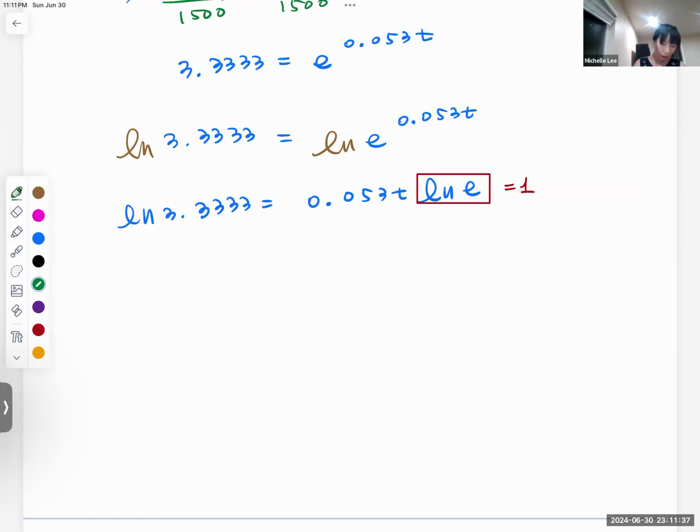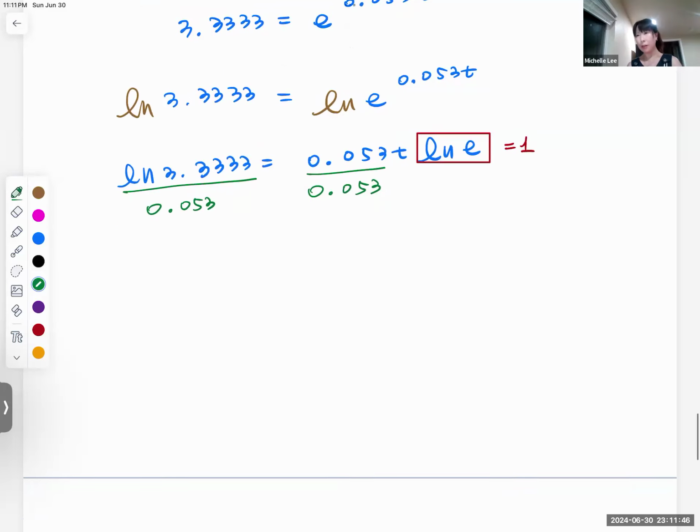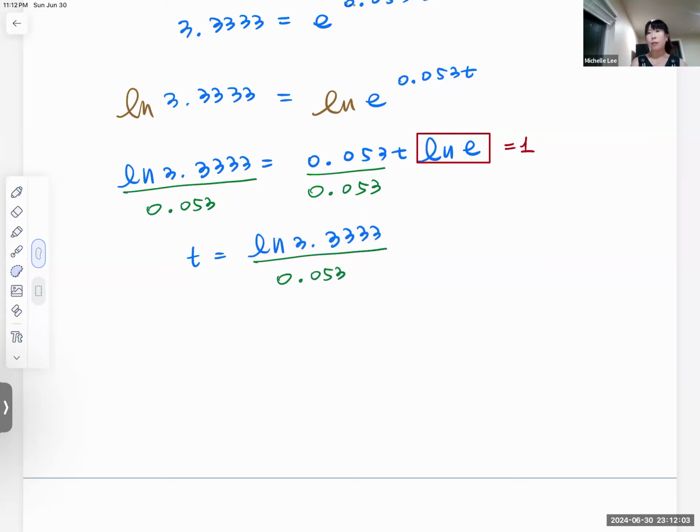So if we divide by 0.053 on both sides, then we can find t. So t equals 24.07.